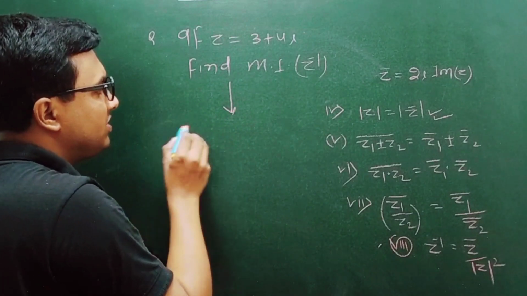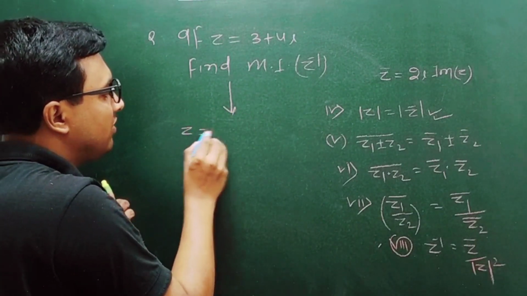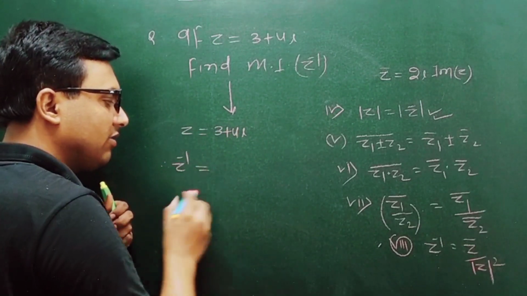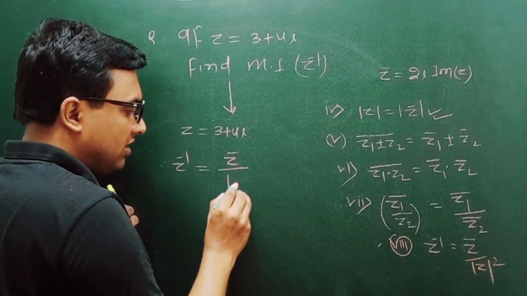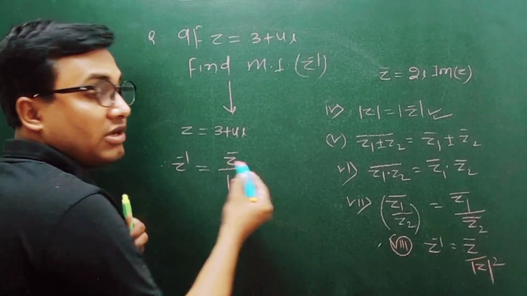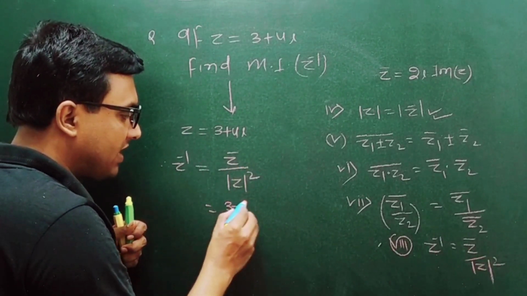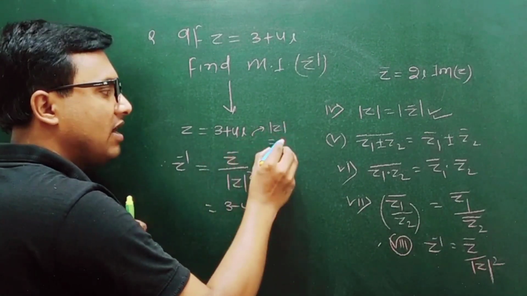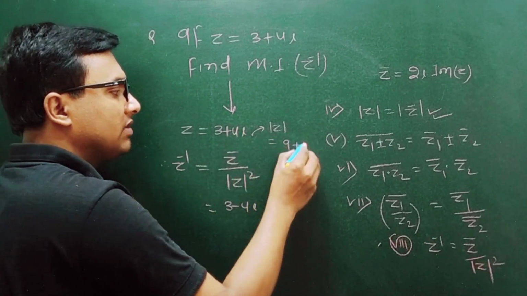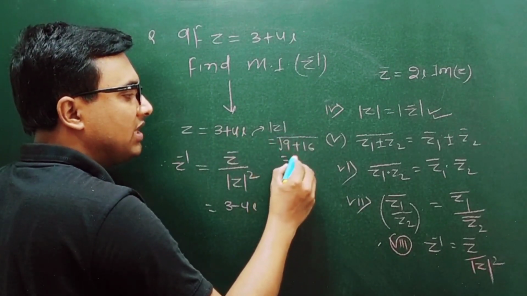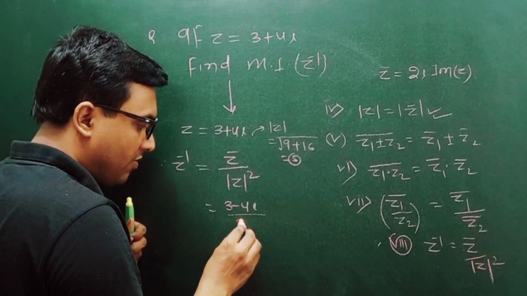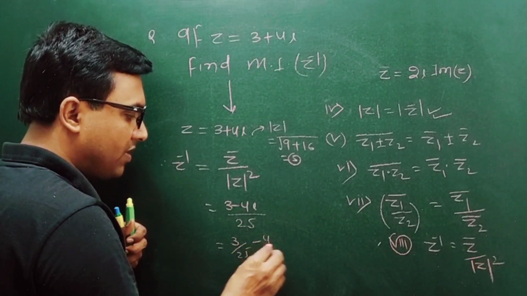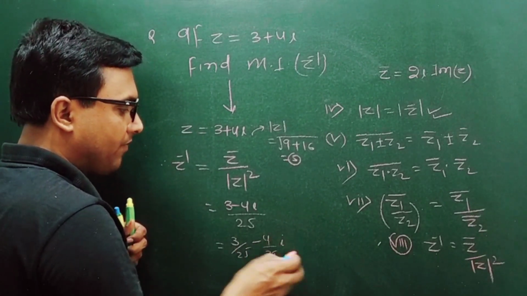Directly we use z is equal to 3 plus 4 iota, that means z inverse is equal to conjugate of z upon square of modulus of z. That means 3 minus 4 iota, and we can find mod z is equal to what? Square of 3 is 9, square of 4 is 16, taking root we get 5, that means upon 25. It becomes 3 upon 25 minus 4 upon 25 iota.